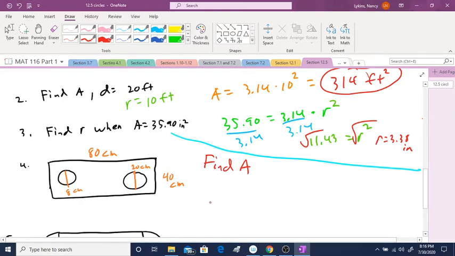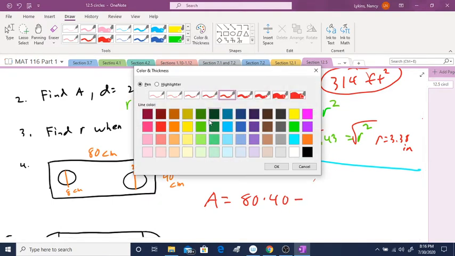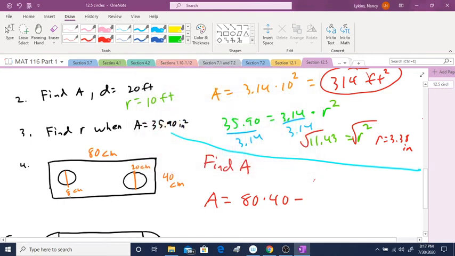Well, area right off the bat is going to be 80 times 40. That will be the area of this block or this metal piece. But then I had to subtract the area from the circles. So remember, area equals pi r squared.